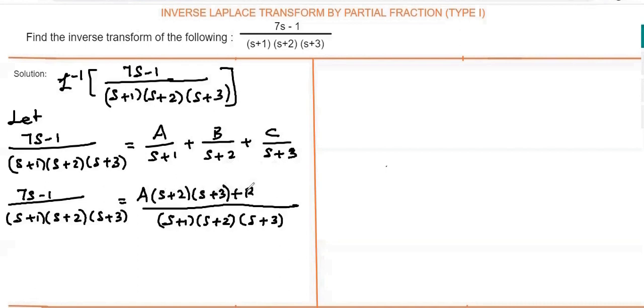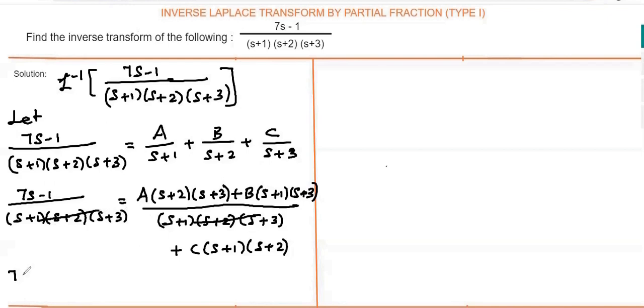And what is my B? B has the denominator s + 2, so s + 1 and s + 3 should be with B. Now, what about C? As I'm not having space here, I'm going down. C will have s + 1 and s + 2. Now see the denominator: this denominator on both sides is the same, so we can cancel both of them.